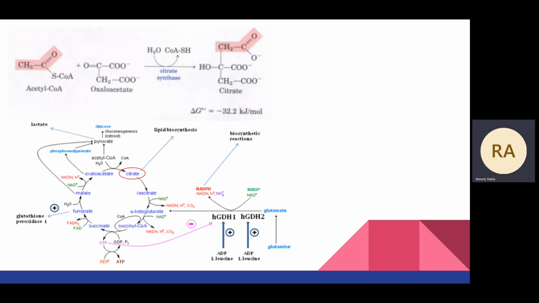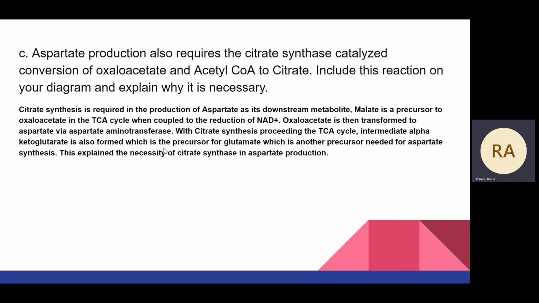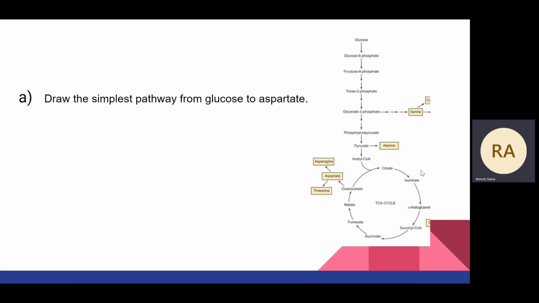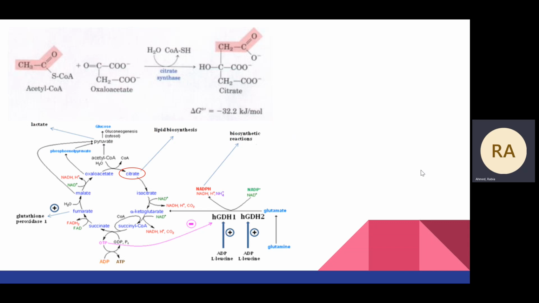And then also, I showed you in the slides, oxaloacetate and glutamate convert to aspartate and alpha-ketoglutarate. So that connects to how during the citric acid cycle, citrate leads to alpha-ketoglutarate, which yields glutamate. That's a precursor that leads to oxaloacetate, which converts into aspartate.